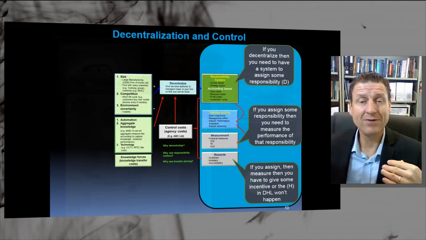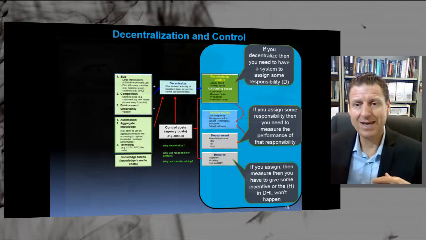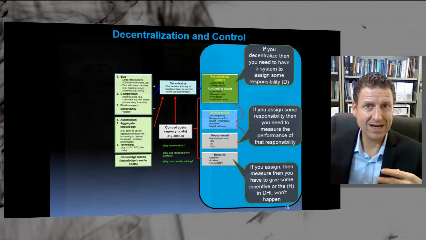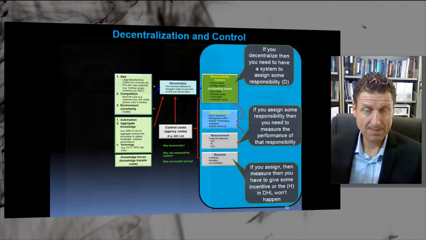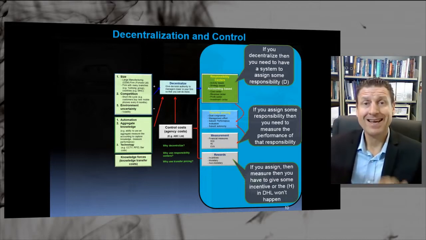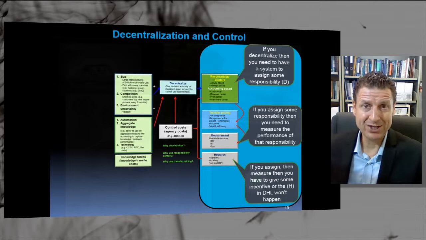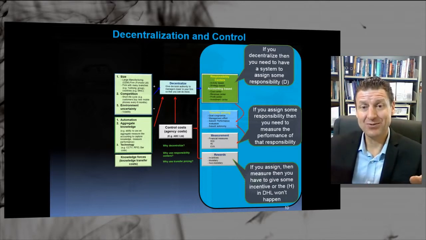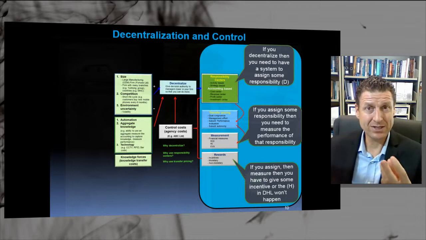And finally, if you assign, then measure, then you need to have incentive. Otherwise, the H, that's the hard work, in the DHL, that's direction, hard work, and personal limitations, of the manager, the hard work or the motivation of the manager will not happen. Yes. So we've got these three things that we need to balance.